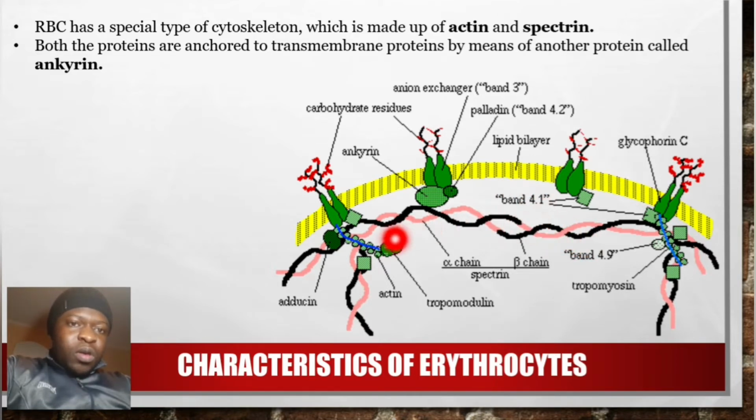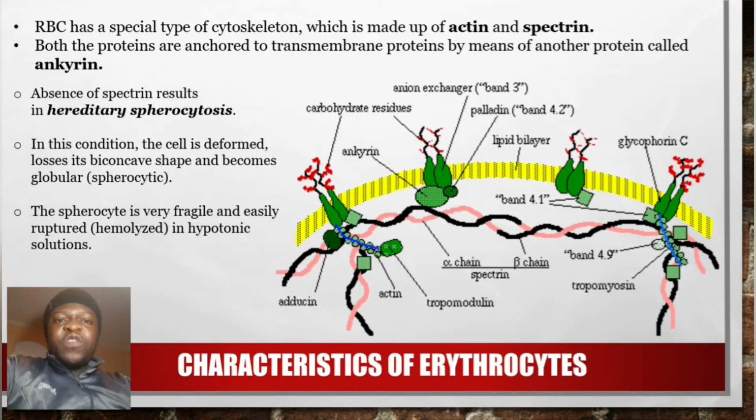These are the two proteins, you can see the alpha chain and beta chain. This is spectrin, alpha and beta spectrin, and this is ankyrin. It anchors spectrin to other proteins on the cell membrane.